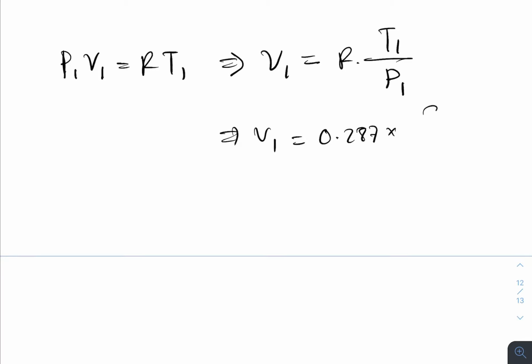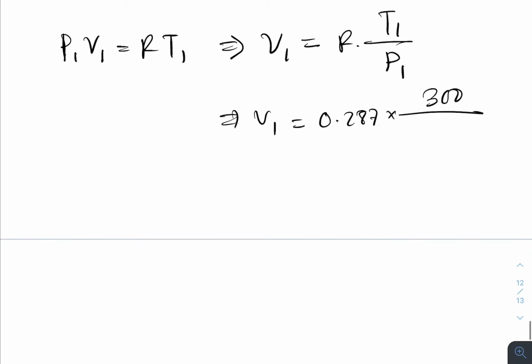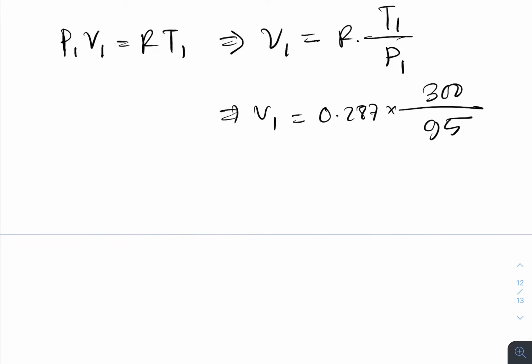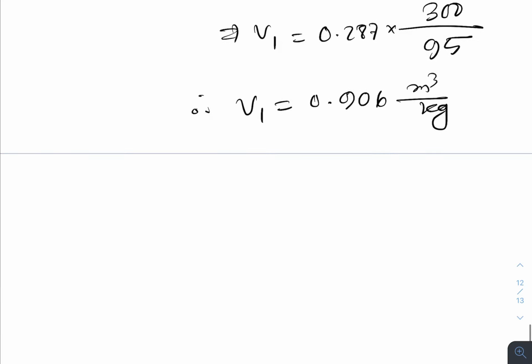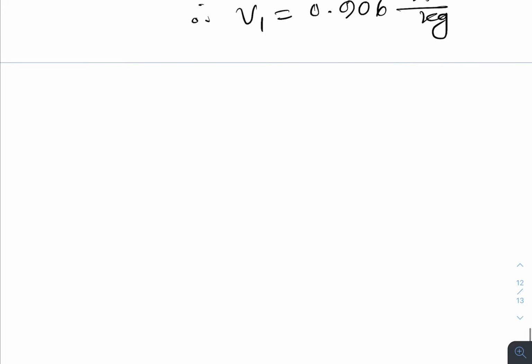If we plug in 0.287 times T1, which is 300 Kelvin, divided by P1, which initially was 95 kPa, we get V1 equals 0.906 meter cube per kg. So this is the maximum volume.